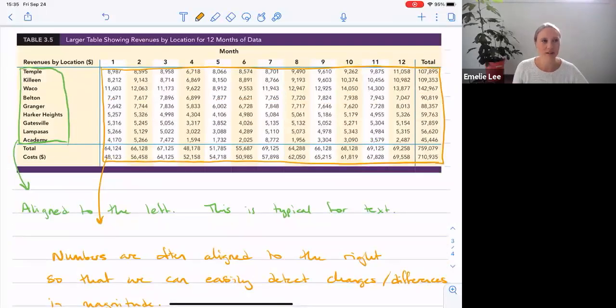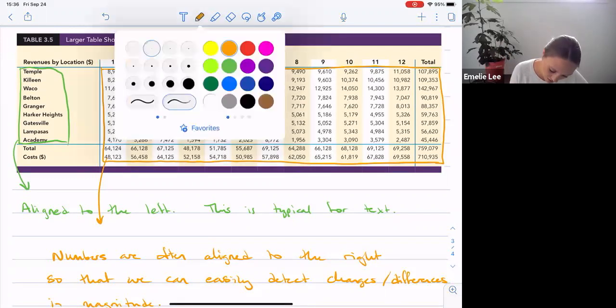To throw a curveball, why not? Typically, the headers are going to be center aligned. They could be aligned to the left or to the right, but in general, we like to have them in the center because it makes things look the nicest.